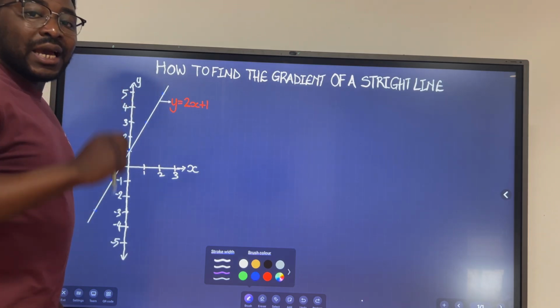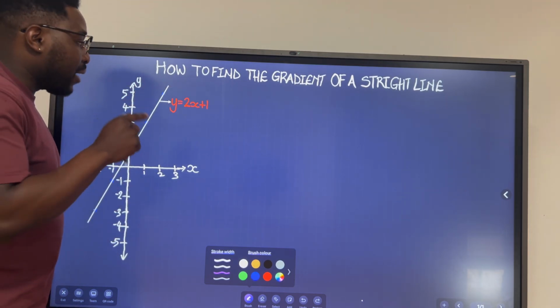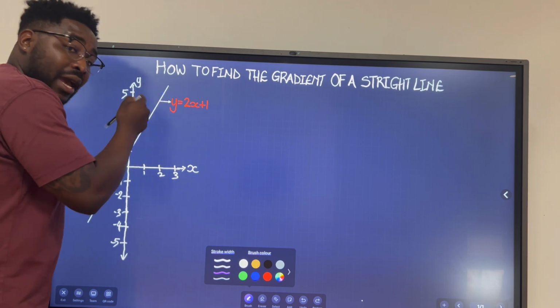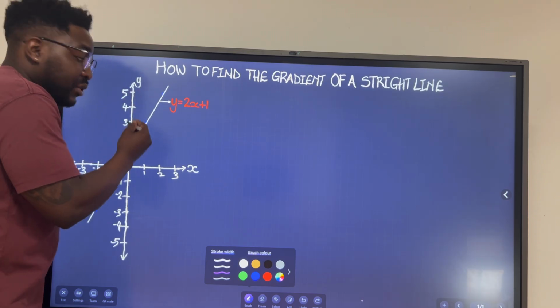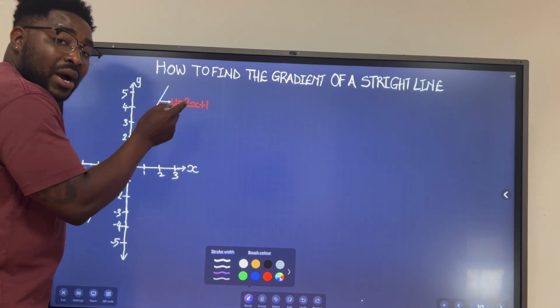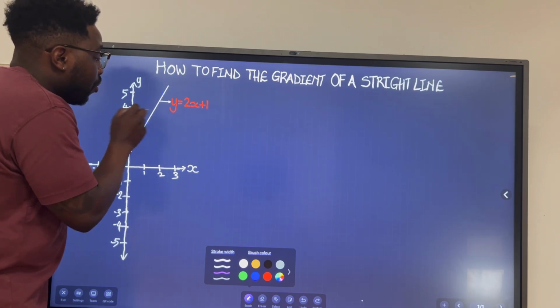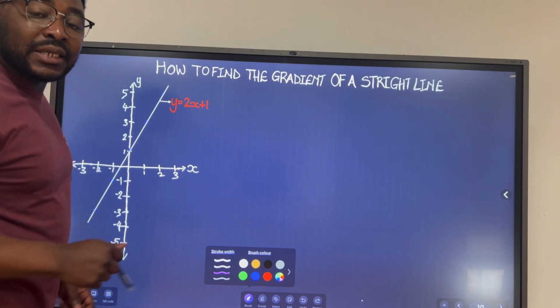What I mean by that is, from the 2 points that we pick, we have to see how much the straight line rises or moves vertically, which is in the y-axis, compared to how much the straight line moves or runs horizontally, which is in our x-axis.